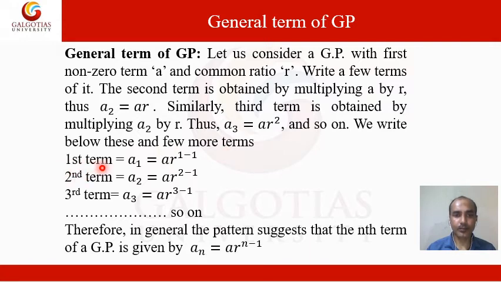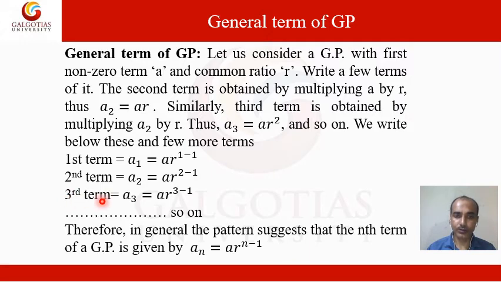The first term is represented by A1 and will be equal to A, and it is written as AR raised to 1 minus 1. The second term is A2 and is equal to AR, and it is written as AR to the power 2 minus 1.